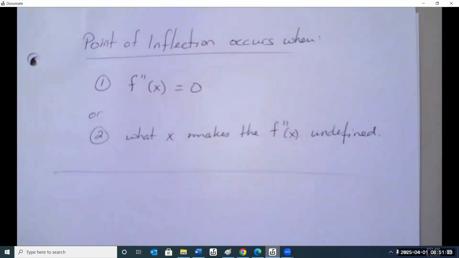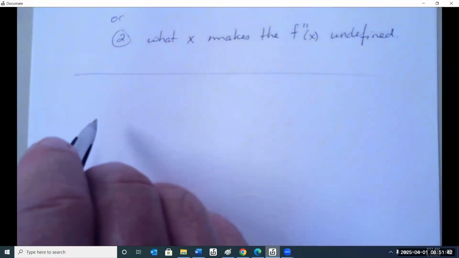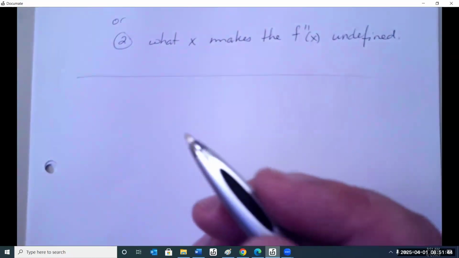Can you have more than one point of inflection? Well, so far we're looking at cubic functions.